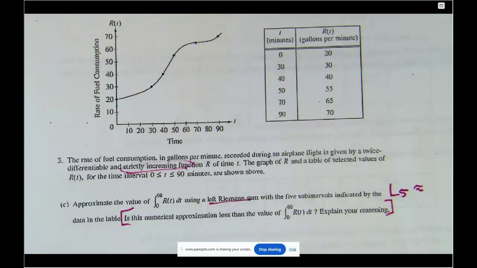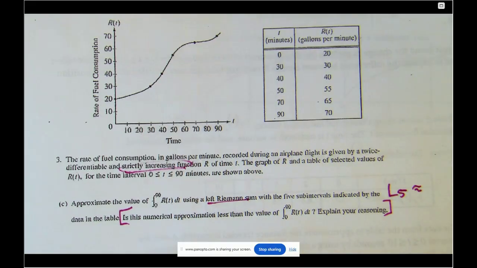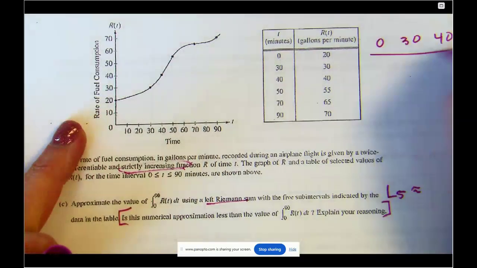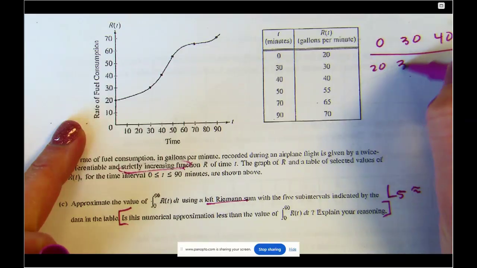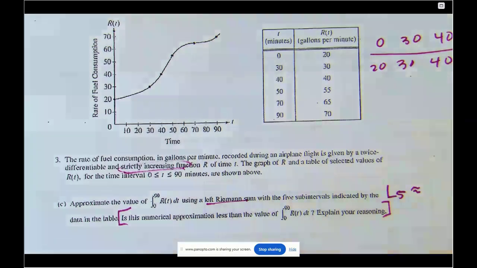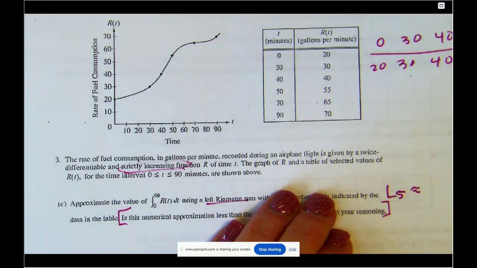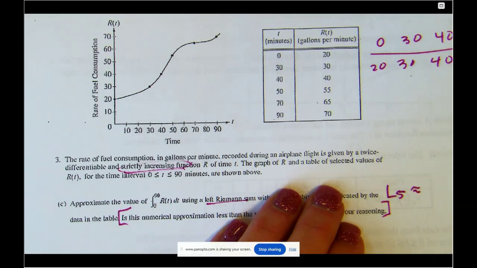I got 1,750. 3,700? I got 1,750. 3,700. Yes, you're not the only one who got 3,700. Oh, I did mine from the right. Wait, I did mine from the left though. Taylor, what did you get? I got 2,600. Oh, never mind. I got 3,700.